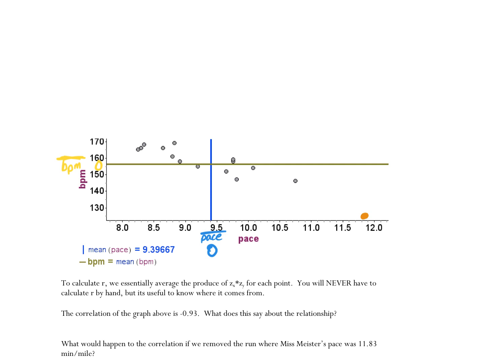Okay, so it's zx, so it's essentially way to the right and way down. Are we cool with that idea? Okay, so it has two z-scores. One compared to the pace and one compared to the other thingy, the heart rate.